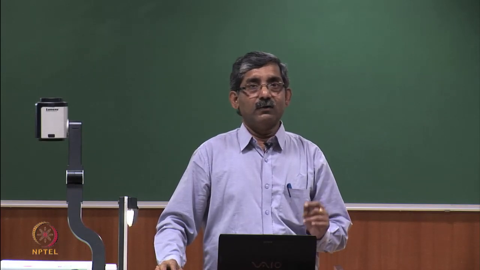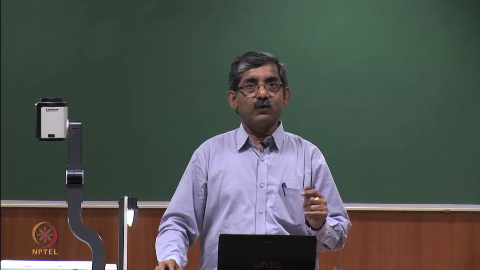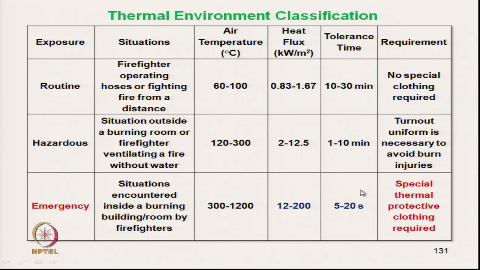And now, if we want to classify the thermal environment, this can be classified into 3 different exposures. First is routine exposure, where the firefighter is operating a hose or fighting fire from a distance.